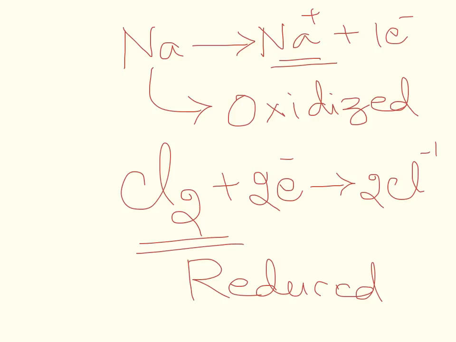So where it is obvious for us to see the transfer of electrons, which atom is losing the electron and which atom is gaining the electron, we can simply point to the atom that is losing electrons and say that atom is being oxidized, and point to the atom that's gaining electrons and say it is reduced. But not all reactions are simple like that. So in the next video, we're going to talk about the method by which we can find out what is being reduced and what is being oxidized.